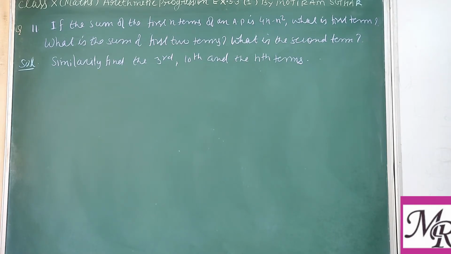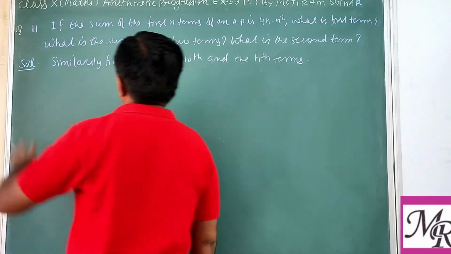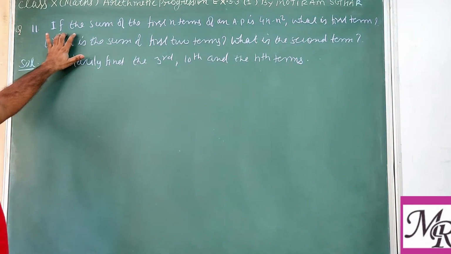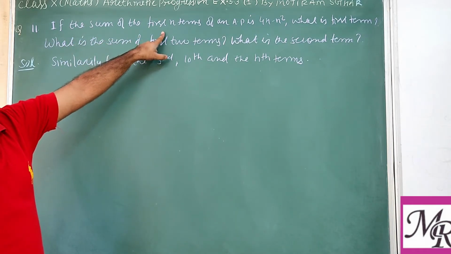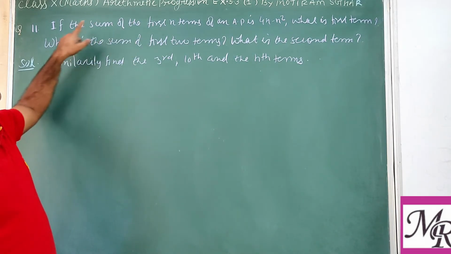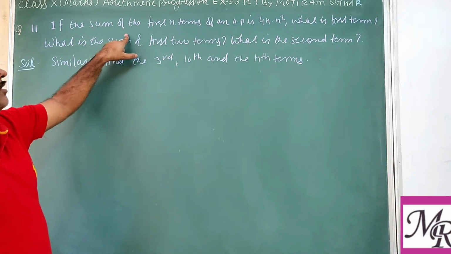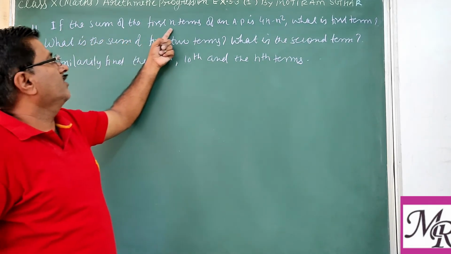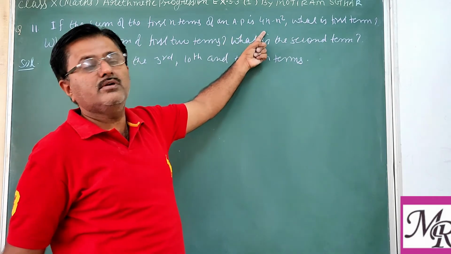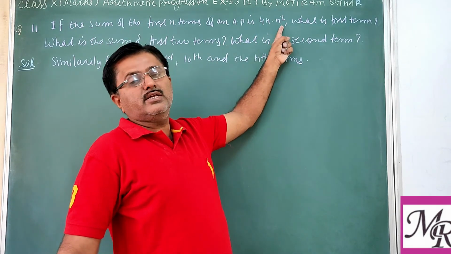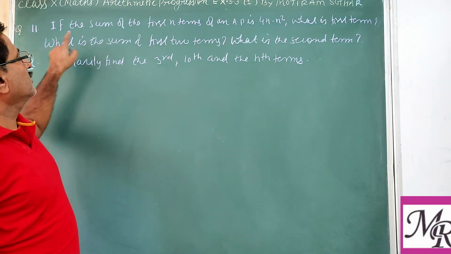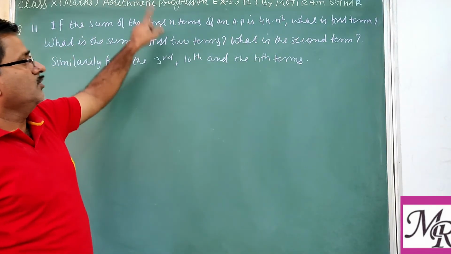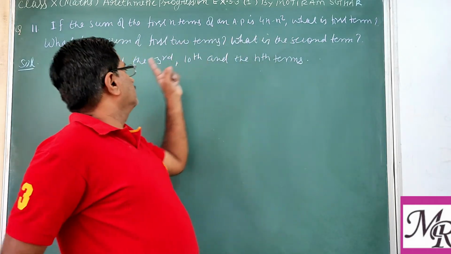Next thing, this is a very important question, my dear student. You should take care here. If the sum of the first n terms of an AP is given, we are given the general formula for the sum of n terms of the AP. If the sum of the first n terms of the AP is 4n minus n square, what is the first term? What is the sum of the first two terms? What is the second term?